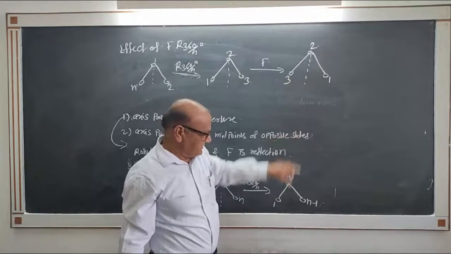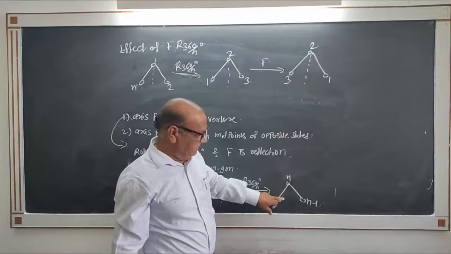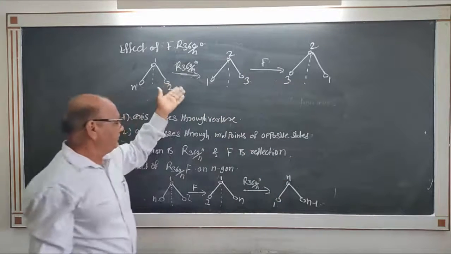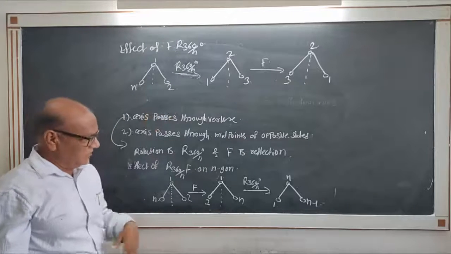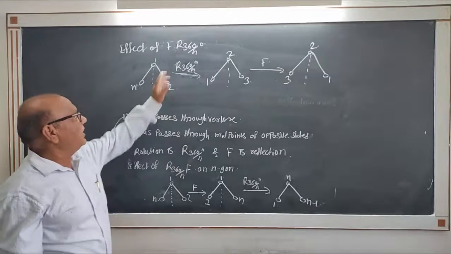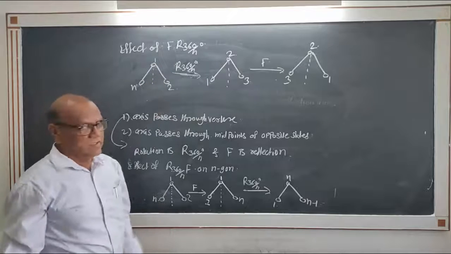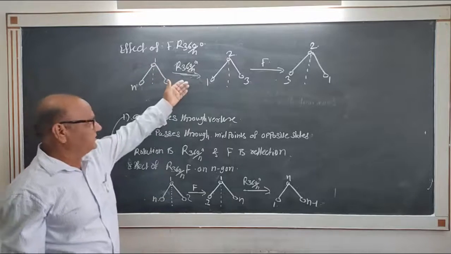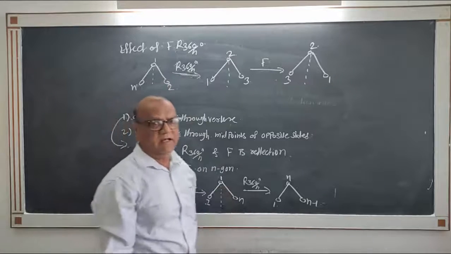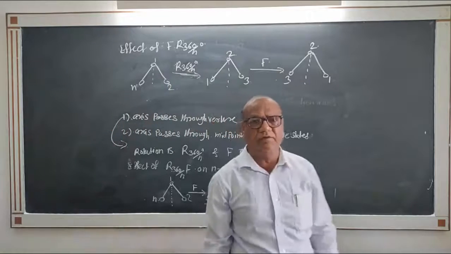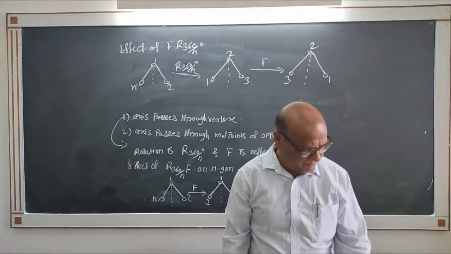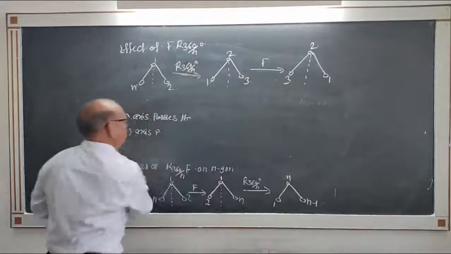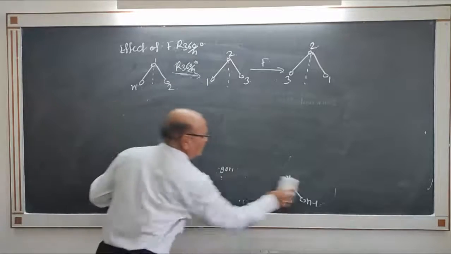These two are different, and so F is not commutative with other elements of Dn, and so F does not belong to Z of Dn.